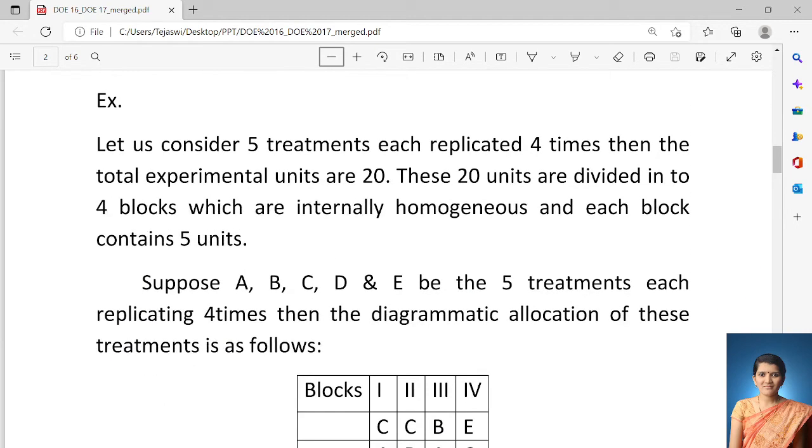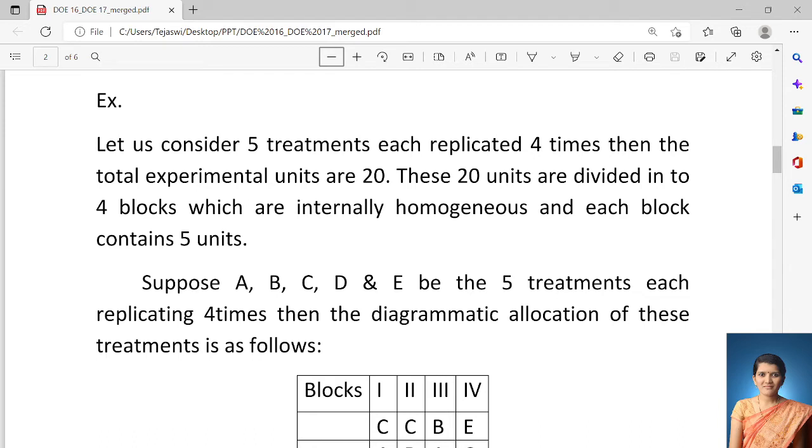There are 5 treatments, each replicated 4 times. Then the total number of experimental units is 5 fours are 20. These 20 units are divided into 4 blocks which are initially homogeneous, and each block contains 5 units because here the number of treatments is 5.